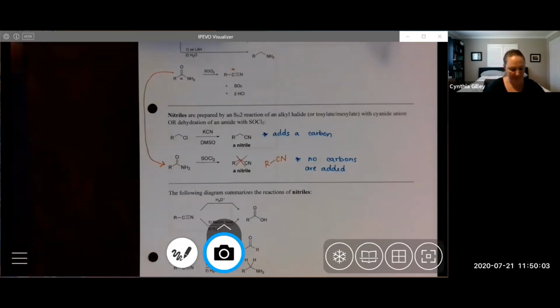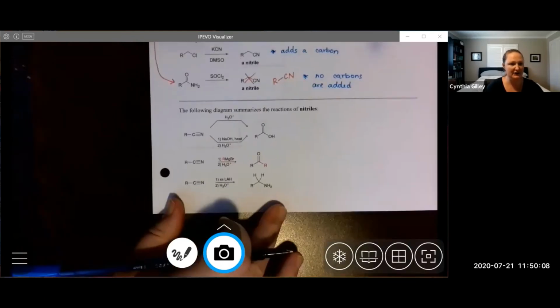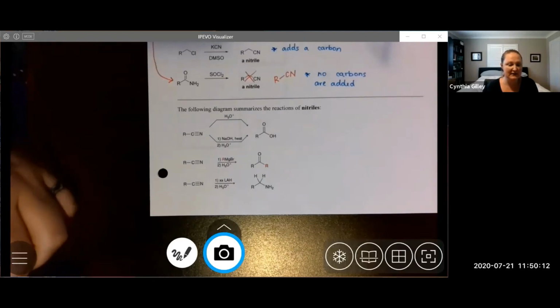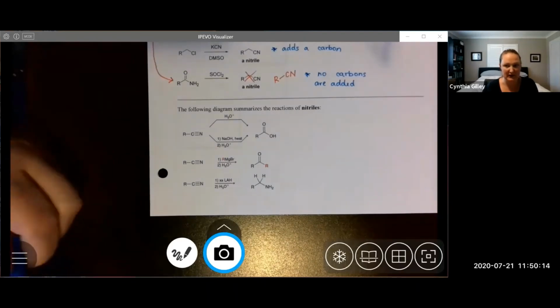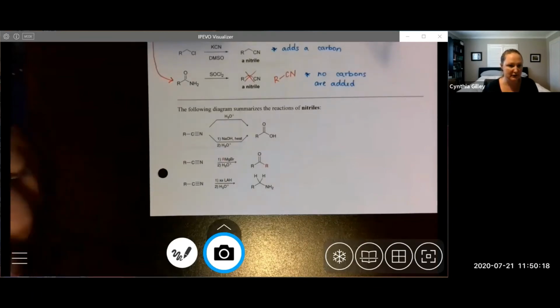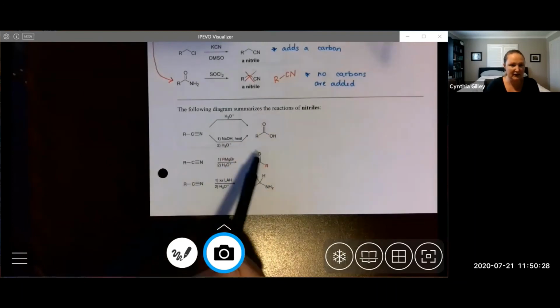Okay. All right. And then the reactions of nitriles. So what can you do from a reaction? Remember that this chapter just has a million reactions, so make sure you're using your flashcards to learn all these. Okay, so what can we do? We can do acidic or basic hydrolysis to get back to a carboxylic acid. So really this is not different.